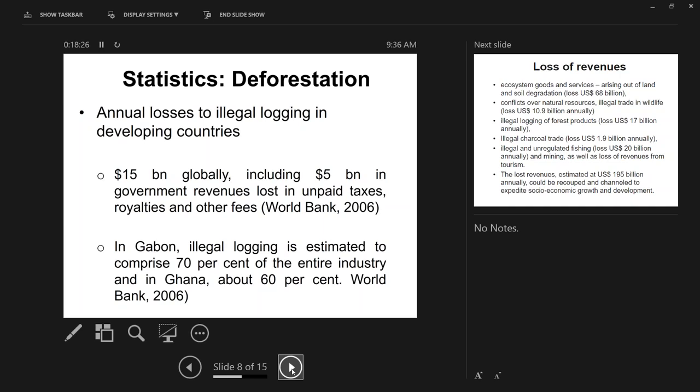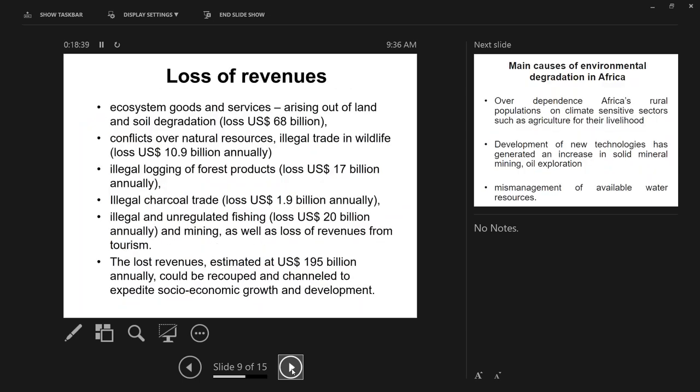Conflict over natural resources and illegal trade in wildlife is estimated at a loss of revenue of up to 10.9 billion annually. Illegal logging of forest products in Africa, a loss of 17 billion US dollars.